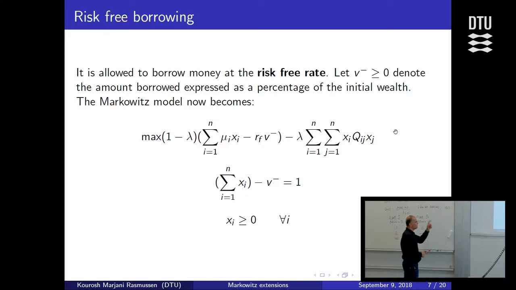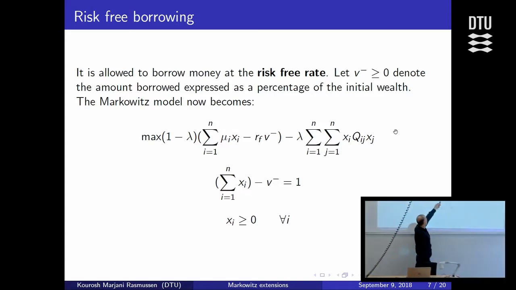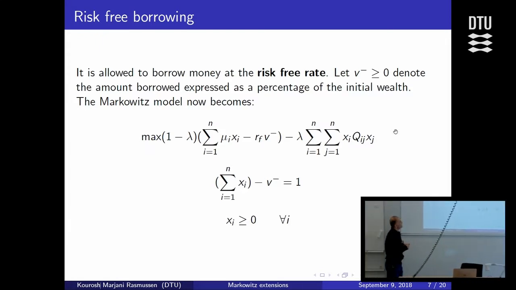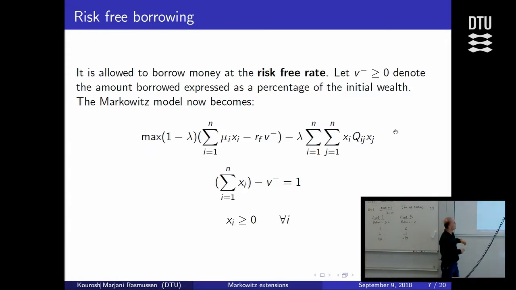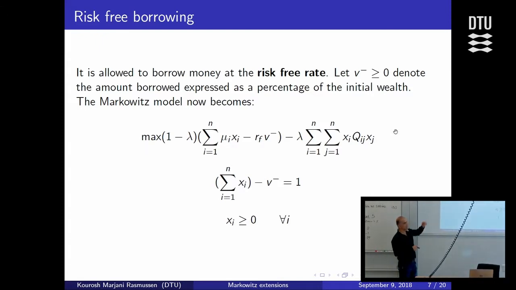So this is the V minus, the risk-free borrowing, and it comes into the first term of your objective function. What you have there is that we are summing over mu_i times x_i. That's still your expected return.